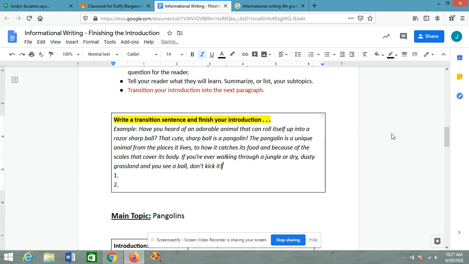Say something like that. If you're ever walking through a jungle or a dry, dusty grassland and you see a ball, don't kick it. It just might be the penguin.